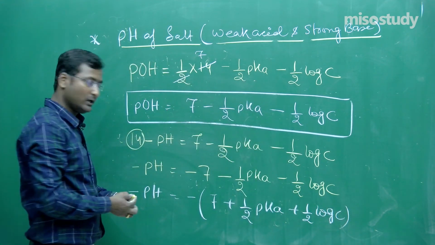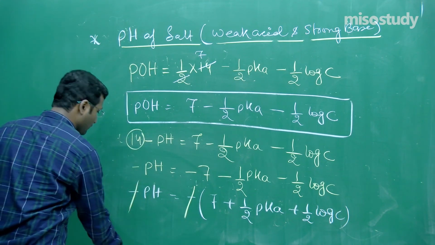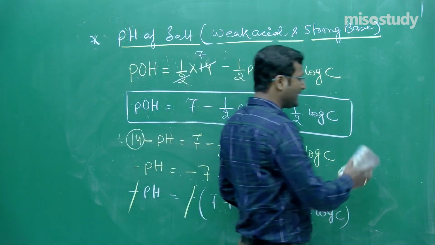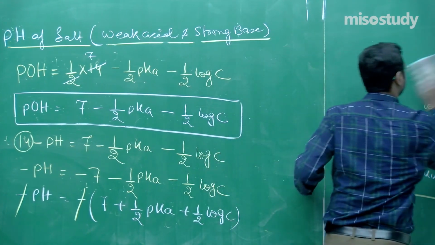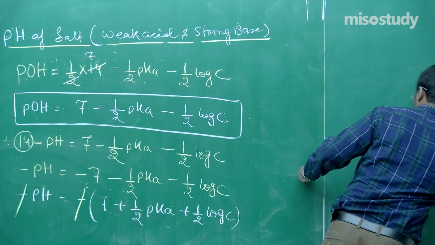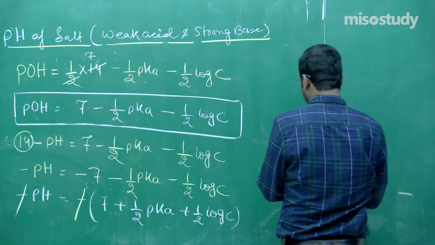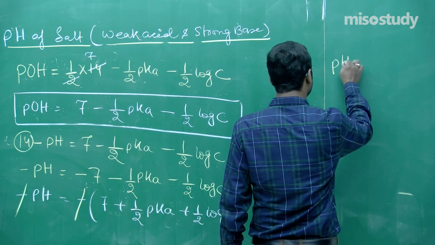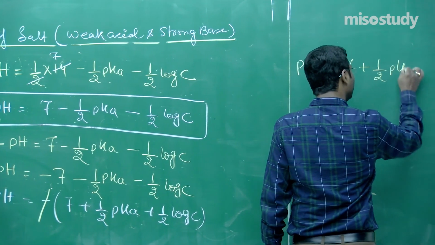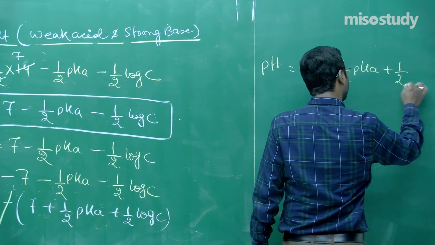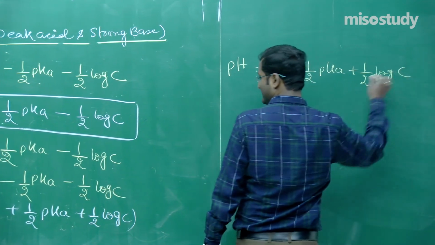This will cancel this one. So the final expression: pH is equal to 7 plus 1 by 2 pKa plus 1 by 2 log C.